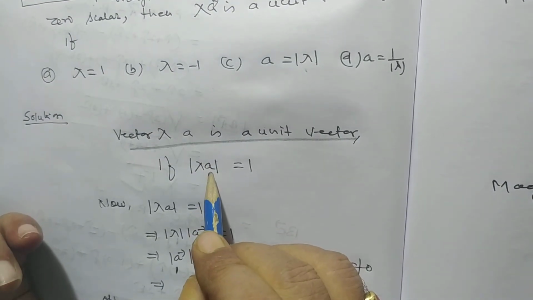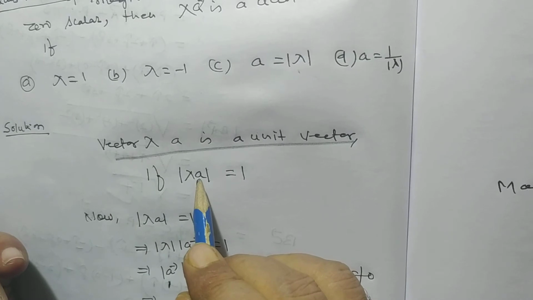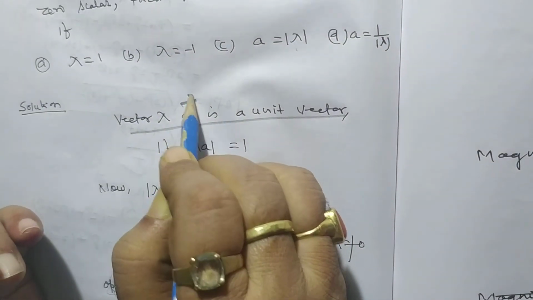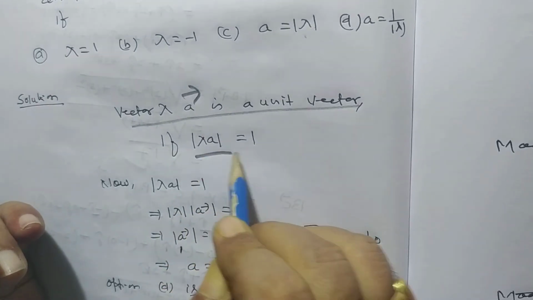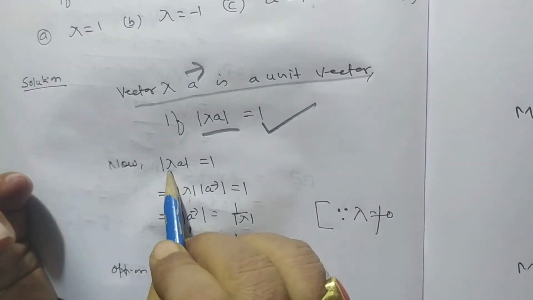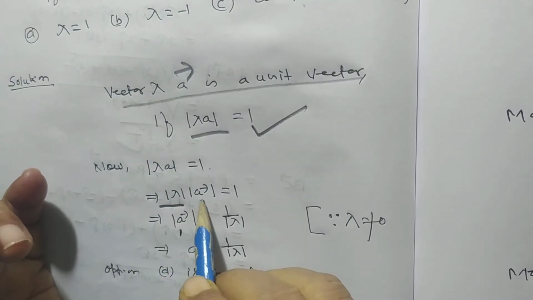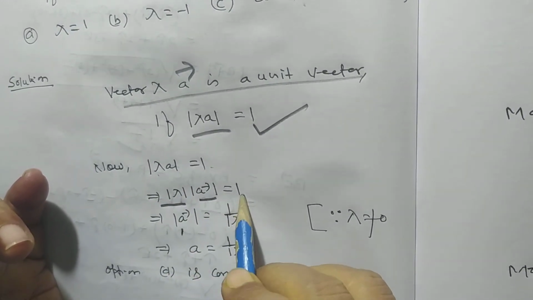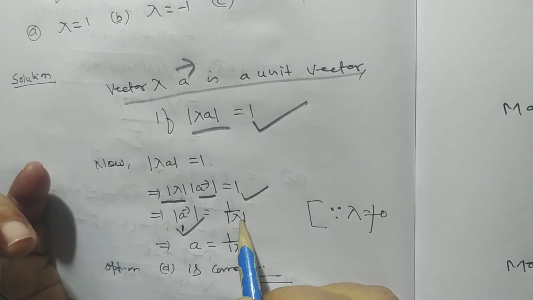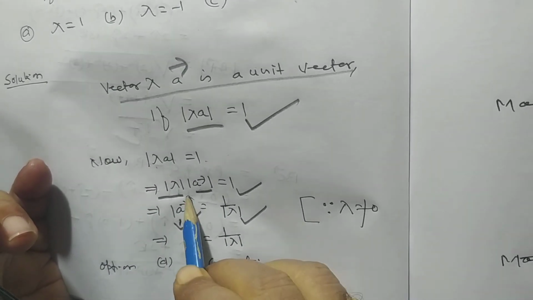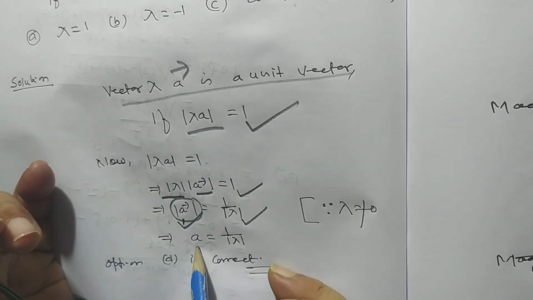So it is given that lambda A is a unit vector, so magnitude of lambda A is equal to 1. It will be magnitude of lambda times magnitude of vector A is equal to 1. So magnitude of vector A is equal to 1 by magnitude of lambda.